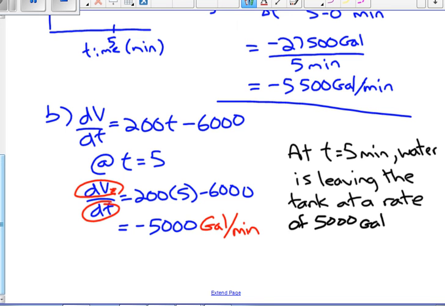And the connection we want to make to the negative is that the negative, right here, tells us that it's leaving. So that's just a general example that lets us know what's going on with a rate of change.